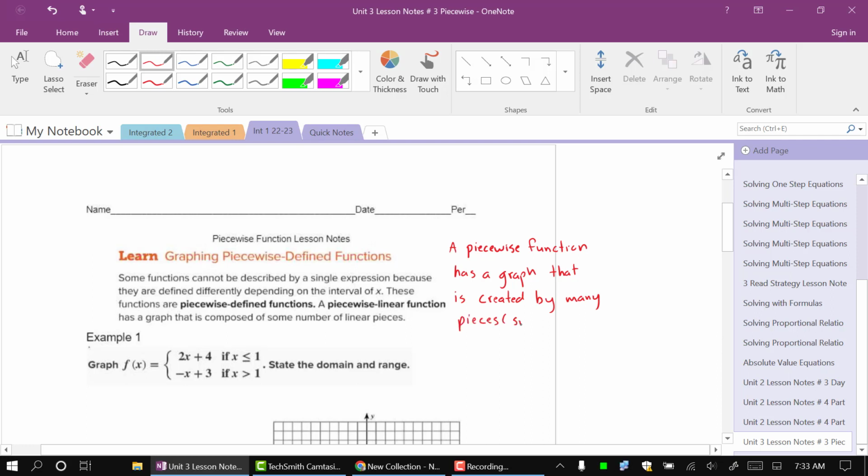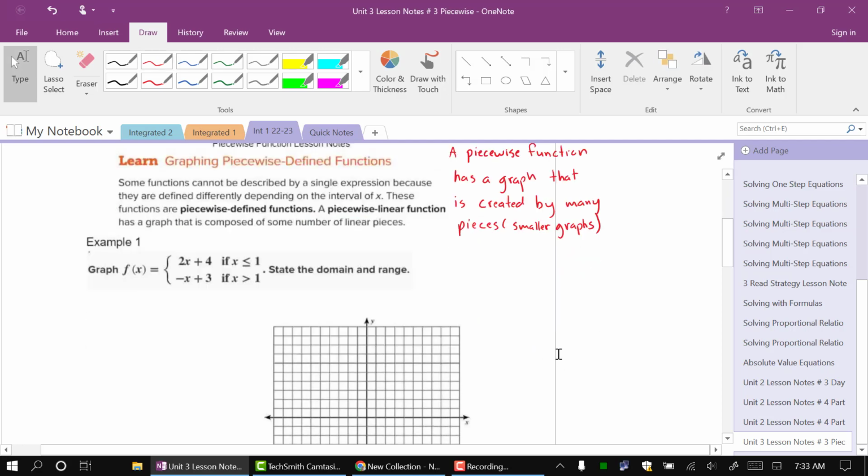So this is smaller graphs. So let's see what that looks like. Let's take a look at example 1.